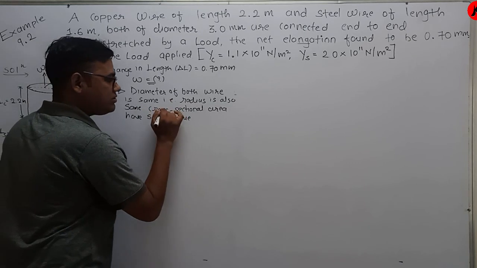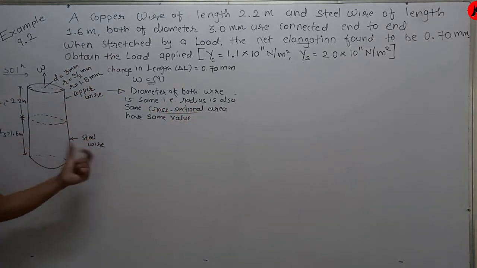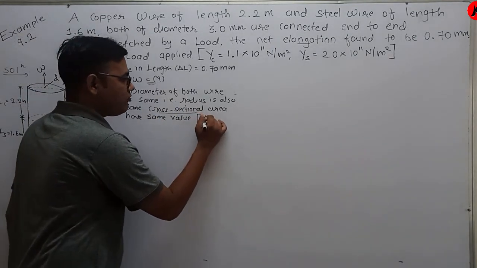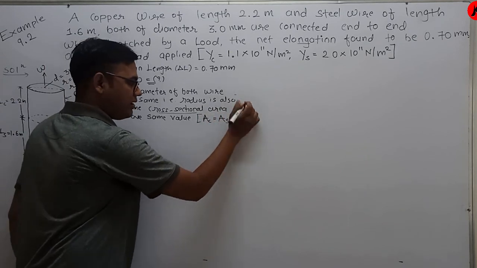The value of cross sectional area for both wires, copper wire as well as steel wire, is the same. So area of copper wire is equal to area of steel wire, right?